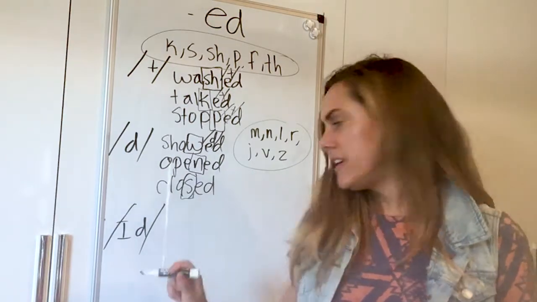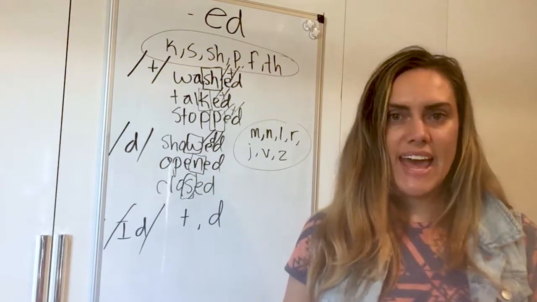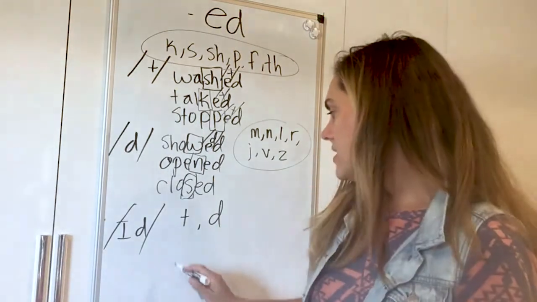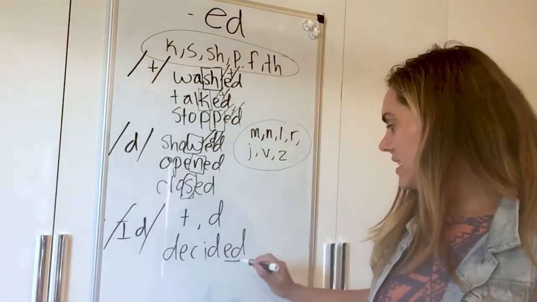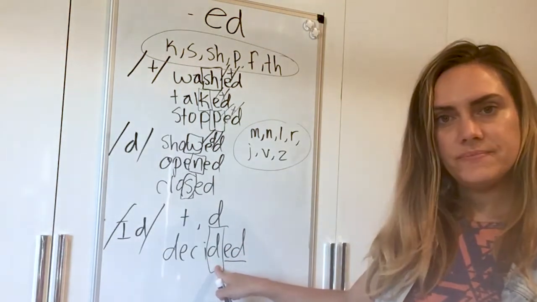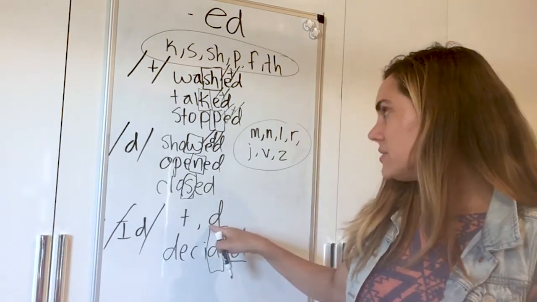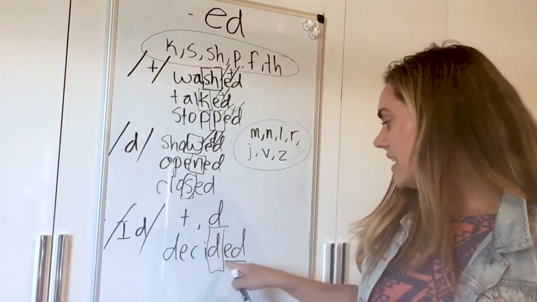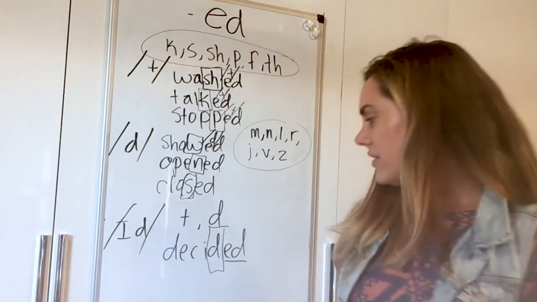Okay. And then for this one, it's very, very easy. Whenever a word ends with a t or d, then you need to add id, okay? So like the word decide, we want to make it in the past tense. So look at this part. It's a d, decide. So when we have a word that ends with a d, we need to add id: decided, okay?